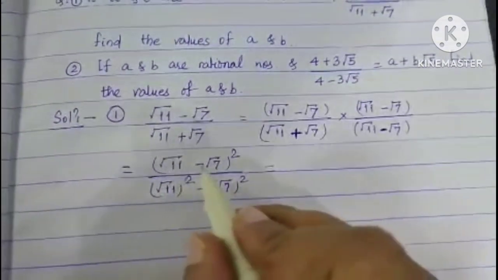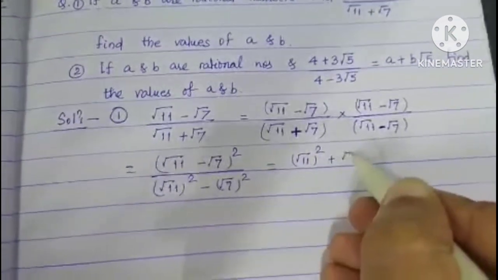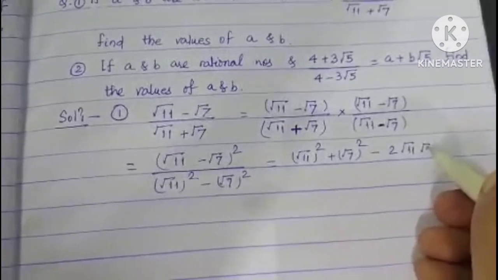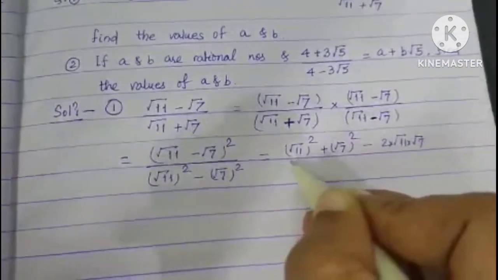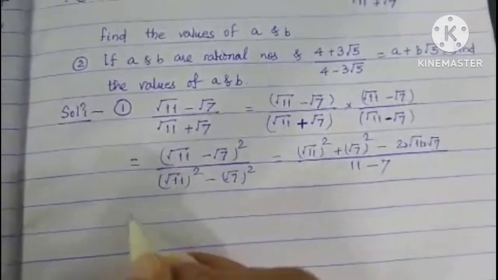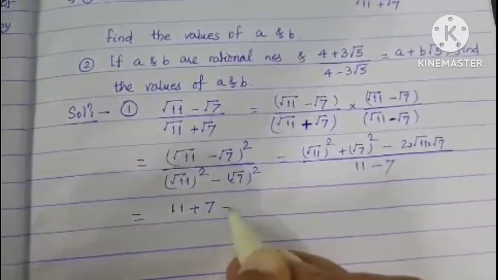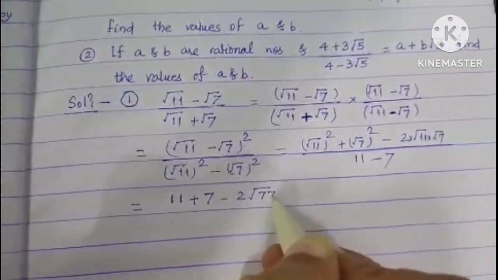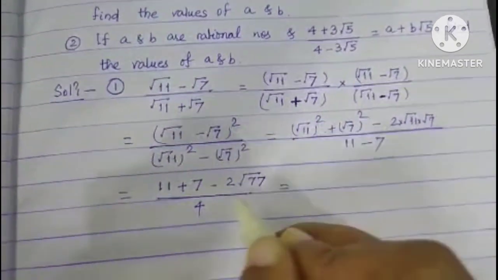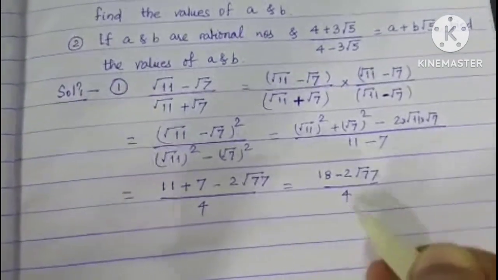Now you can break this one: (a minus b) whole square will be equal to a square plus b square minus 2 root a root b, you can keep the multiplication sign here, divided by 11 minus 7. So this will come out as 11 plus 7 minus 2 root 77, divided by 4, that is equal to (18 minus 2 root 77) divided by 4.